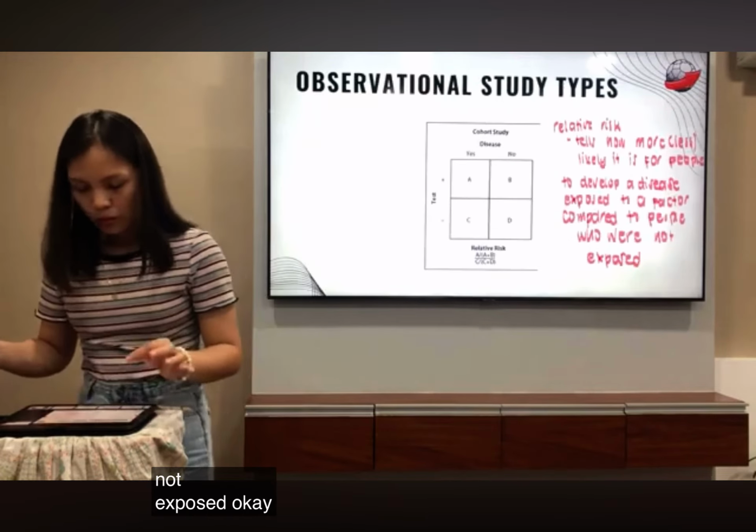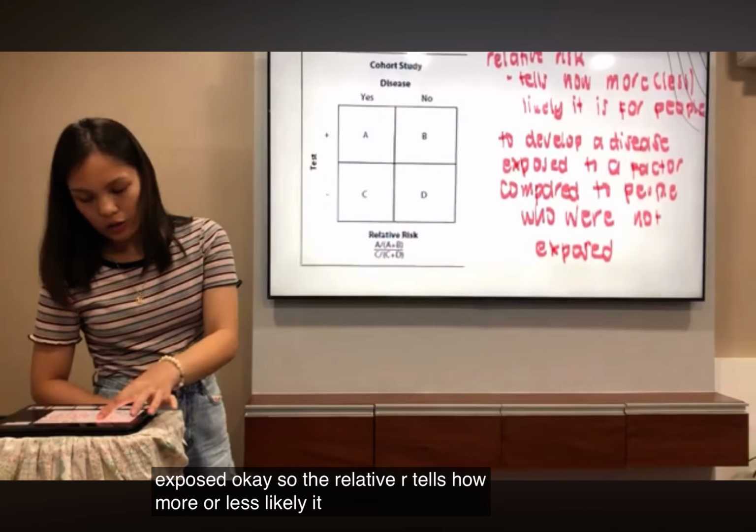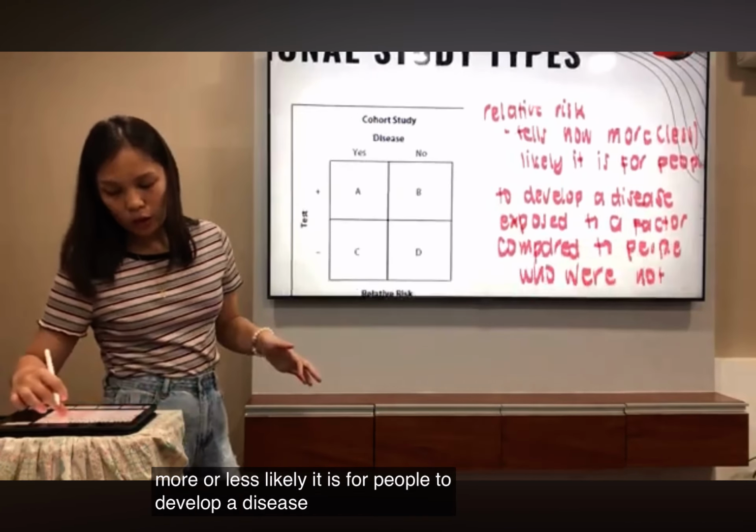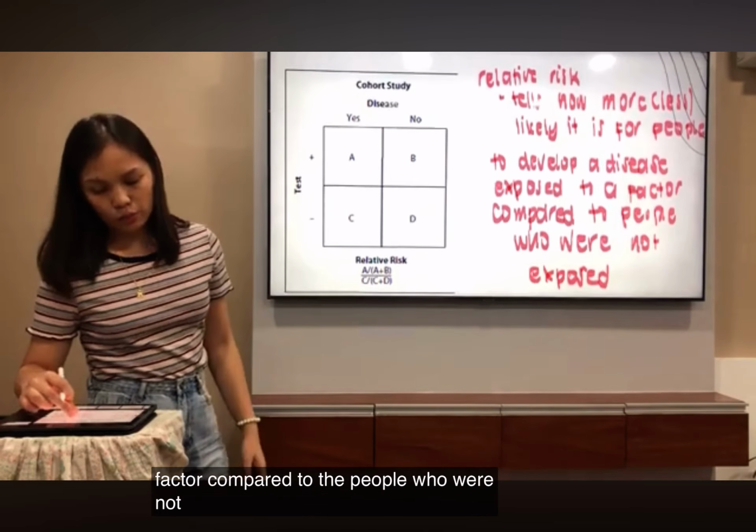Okay. So the relative risk tells how more or less likely it is for people who were exposed to a factor to develop a disease compared to the people who were not exposed. Okay?